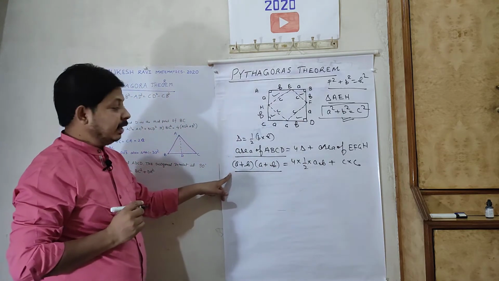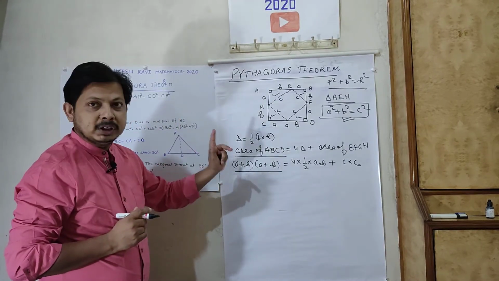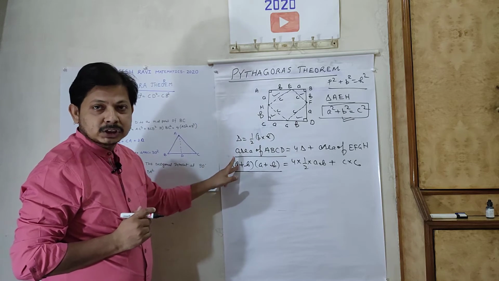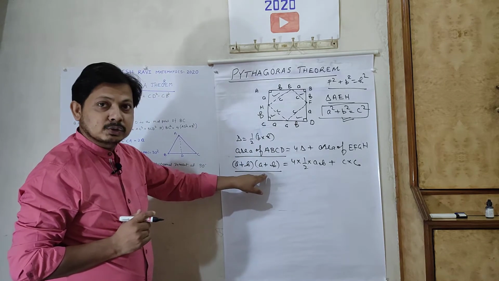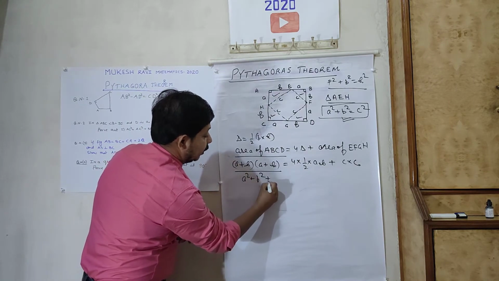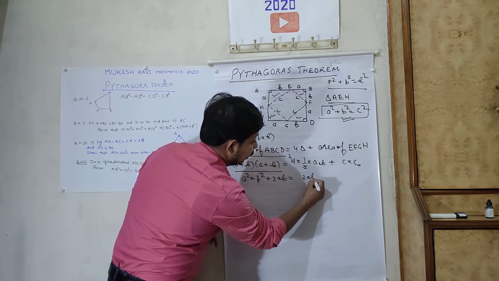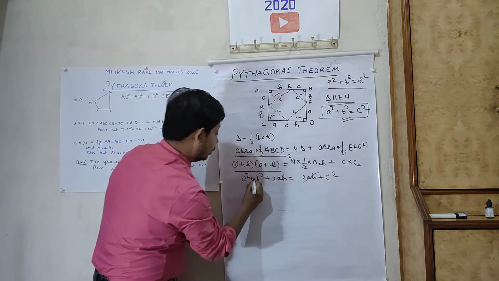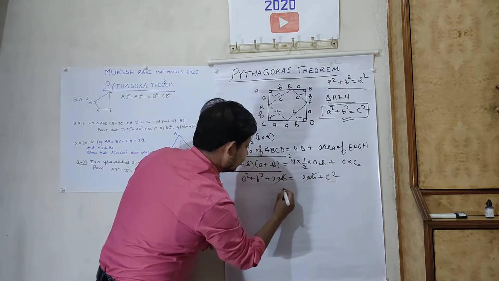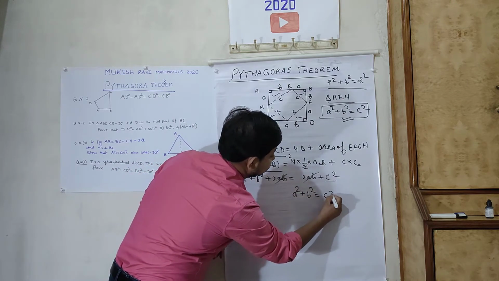See, this is previous knowledge, A plus B whole square. Already I spoke about algebra. A plus B whole square is A square plus B square plus 2AB. So A square plus B square plus 2AB is equal to 2AB plus C square. 2AB cancels, so we can say A square plus B square is equal to C square.